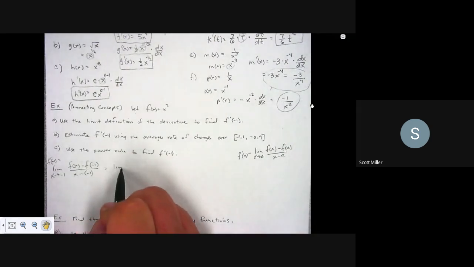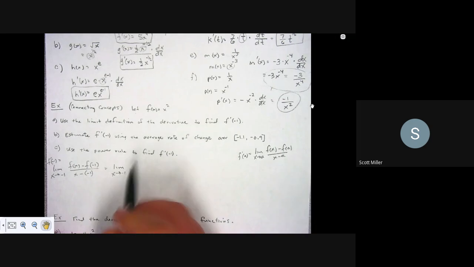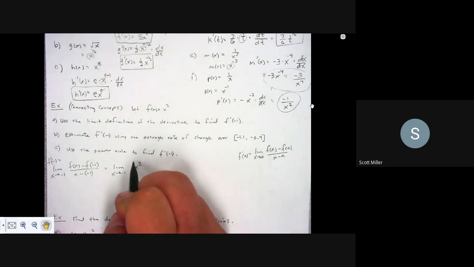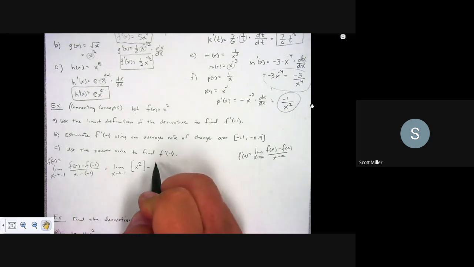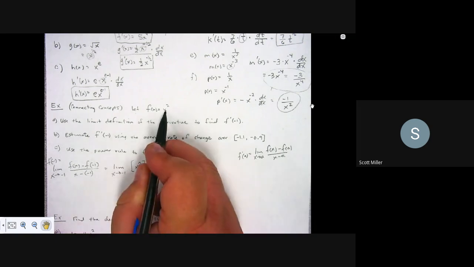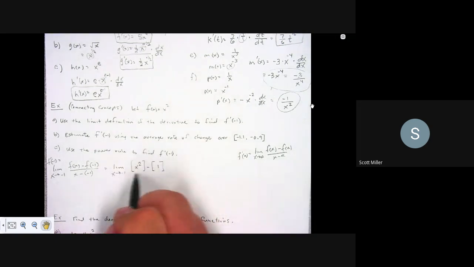So this is going to be the limit as x approaches negative 1. This will be x squared minus 1, because plug in negative 1 in here, you're going to get positive 1, over x plus 1.